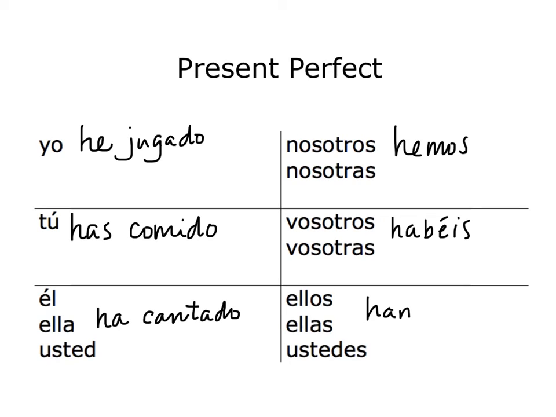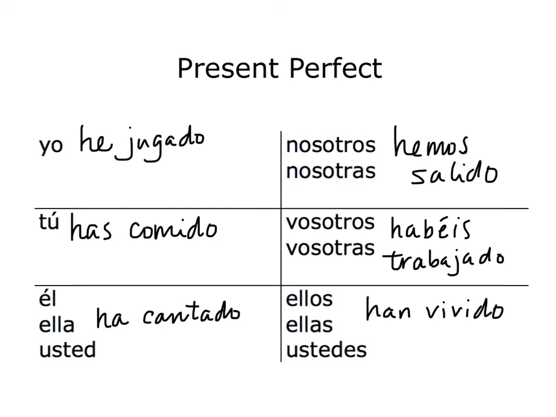We have gone out. Nosotros hemos salido. How about trabajar? You all have worked. Habéis trabajado. And how about vivir? They have lived. Ellos han vivido.